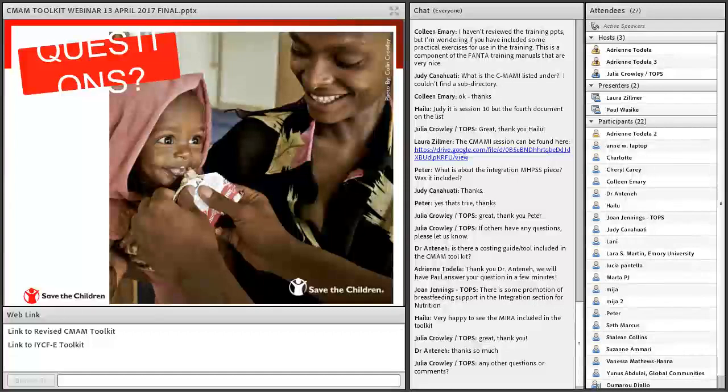And for the MIRA bit, of course, it seems to be the way the humanitarian community is pushing assessment, and sometimes organizations do not have all the documents they need to be able to conduct the initial multi-sector assessment. So that's why it's there. So thanks for that, Hailu.